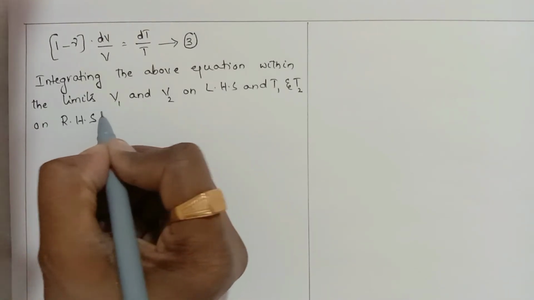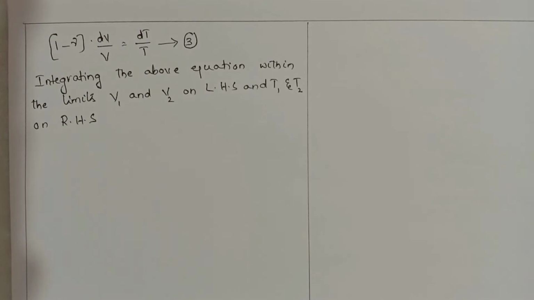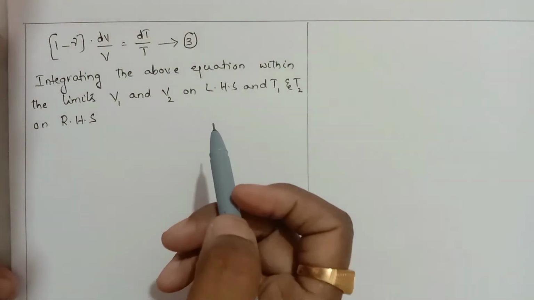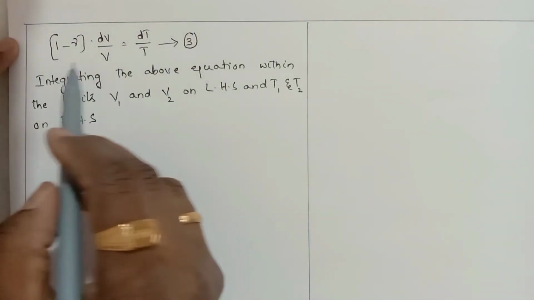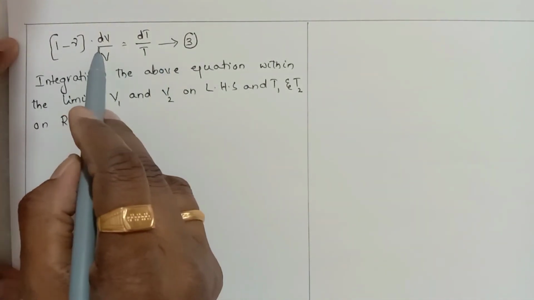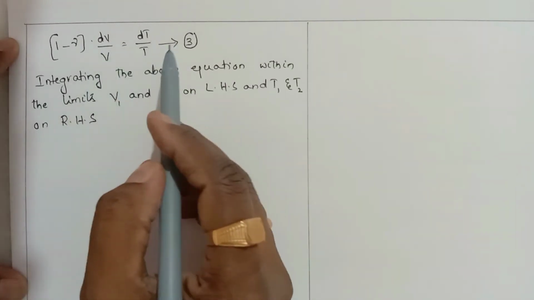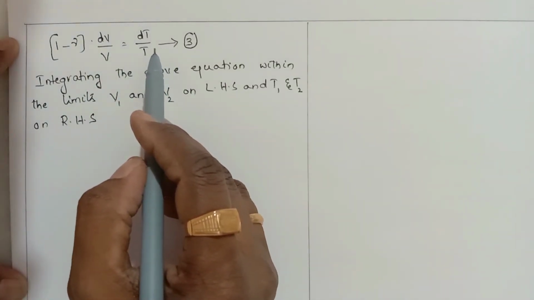Okay, limits on left hand side V1 and V2, limits on right hand side T1 and T2. Okay, so there is a difference between integration and differentiation students. Differentiation means a small change, integration means the complete change. Okay, so now look at equation 3. So we are integrating the left side within the limits V1 and V2, right side within the limits T1 and T2.